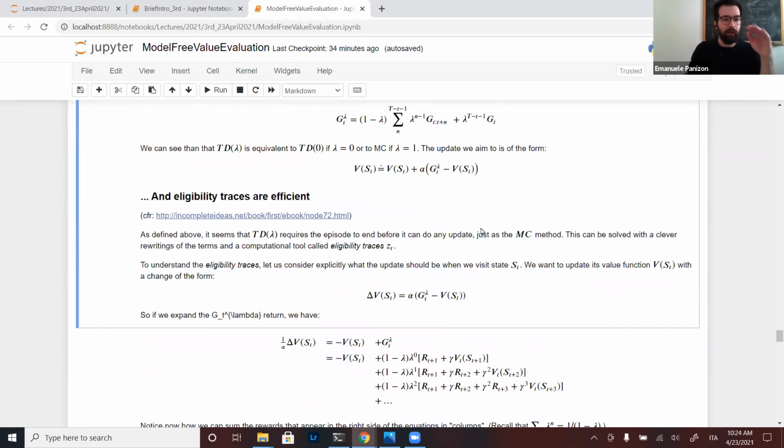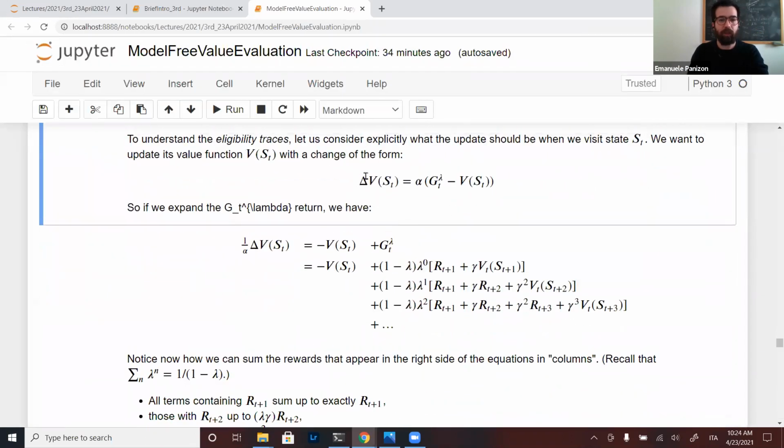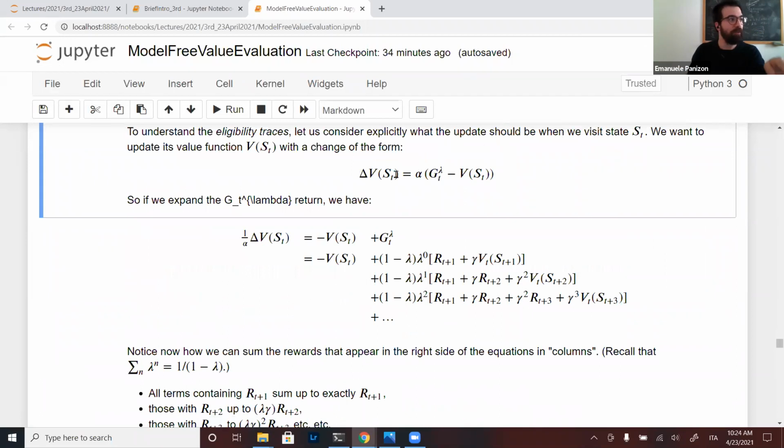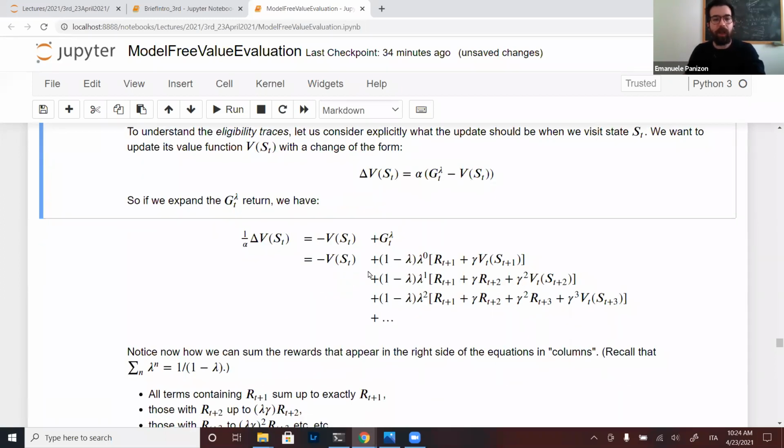Okay, so we have said that TD lambda aims to do this update here. I want to change my value with a small alpha so that my value is as close as possible to the return G_t^lambda. Let's expand G_t^lambda.